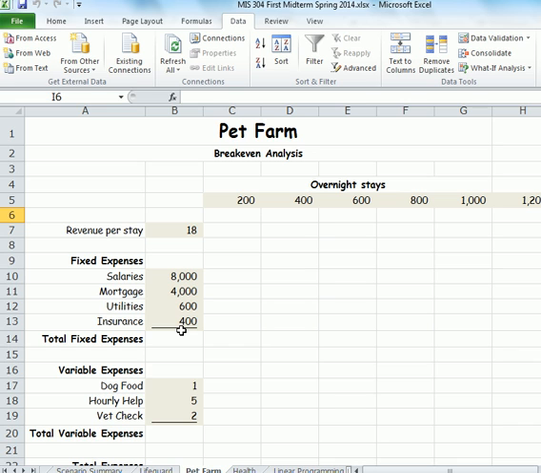Fixed expenses means they do not change with the number of nights, irrespective of whether you have 200 or 1200. They have to be exactly the same. Fixed meaning doesn't change.